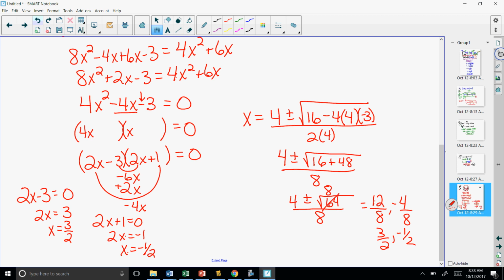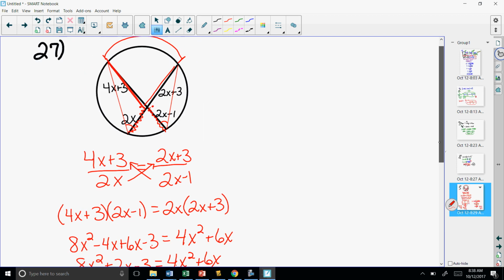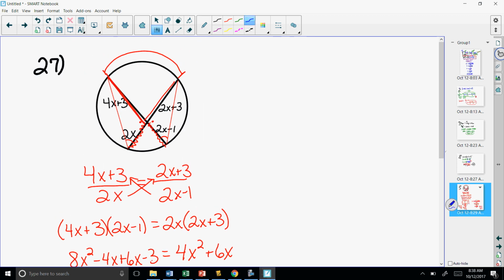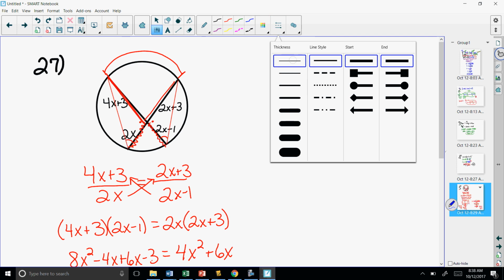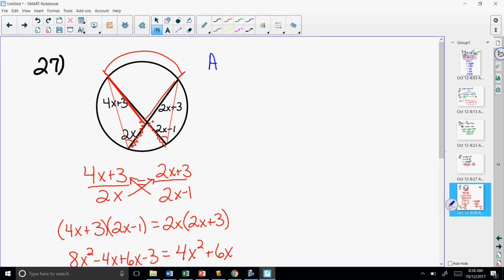Now, what does the question ask you, though? Find the lengths of chords AB and CD. So now I have to go clear back up to the top again. If I look at chord AB, I don't have it marked.